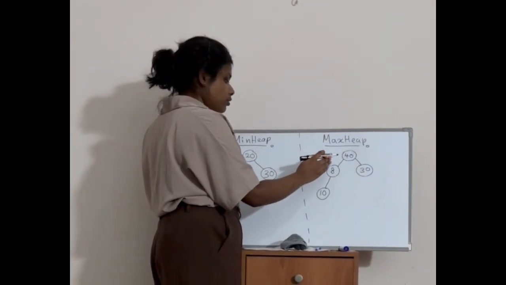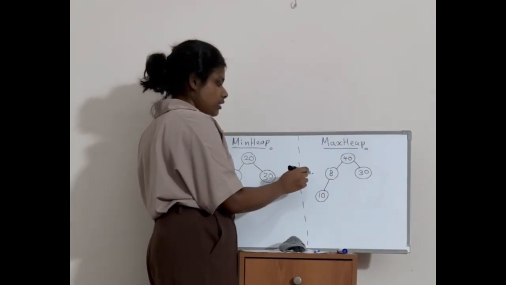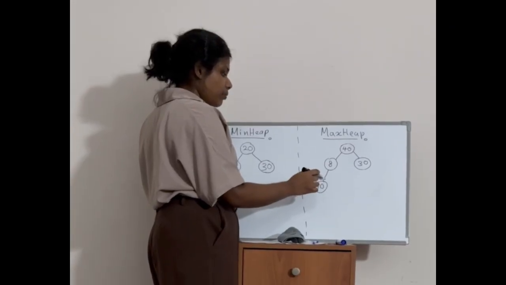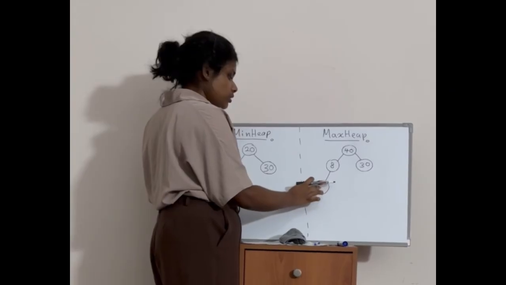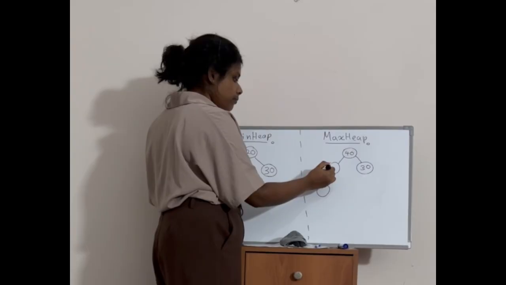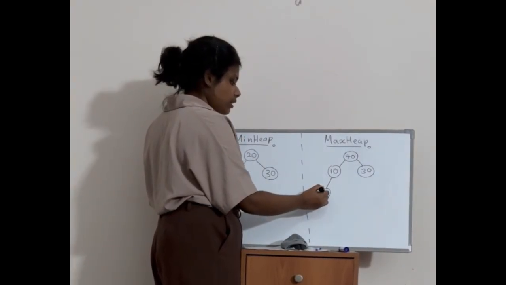And we have to also compare these two nodes, and we can see in here also it violates the heap property. So we need to swap those positions also. So here will become 10 and in here it will become 8.